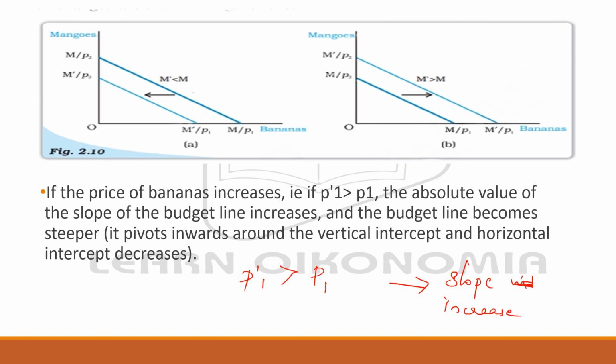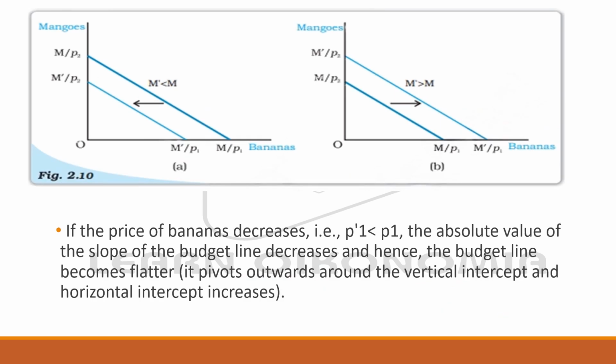What happens if the new price P1 dash is less than the old price P1? Here we could see that the absolute value of the slope will decrease.